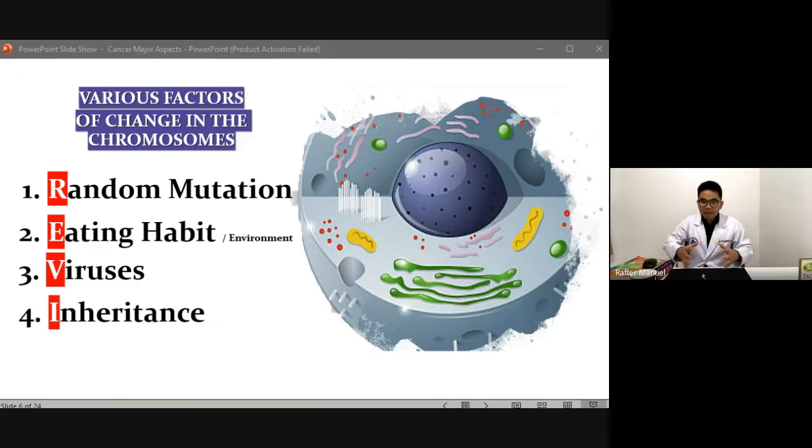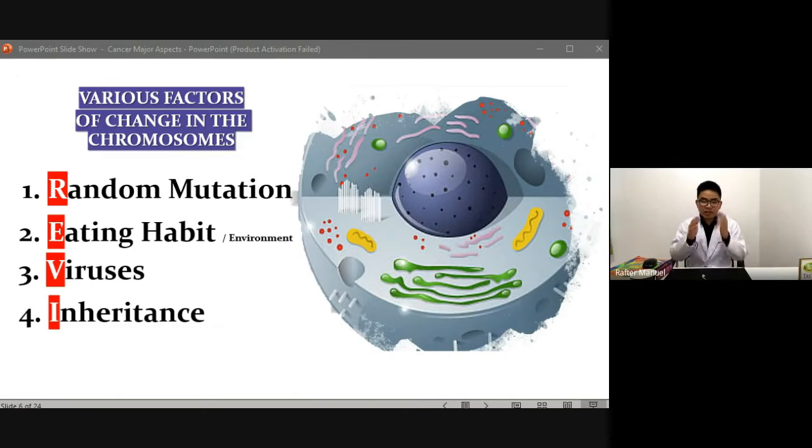If something happened in the somatic cell, it won't travel to the next generation. Why? Because it will die with our cell. But if something happened in the germline cell, if something happened in your sperm cell, in your egg cells, those types of mutation can be taken to the future generation, which can lead to the change.